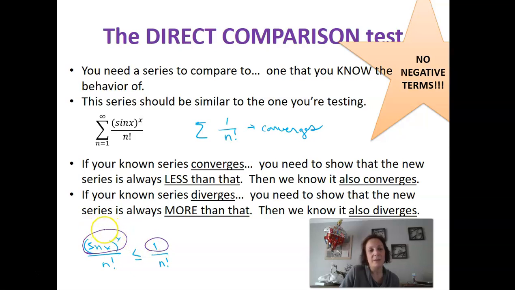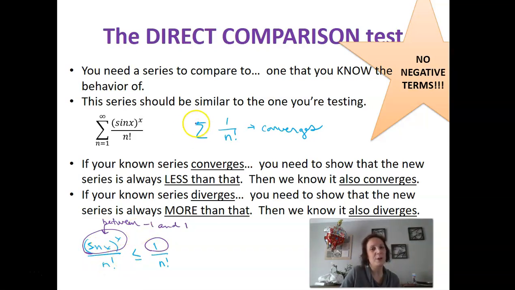And we know that sine is always going to be between -1 and 1. So the biggest this could be would be some power of 1. And we know that if it was 1, it would converge. And that's the biggest it could be. Probably it's going to be smaller, and some of your terms are going to be subtracted. So since we know this converges, we say this one converges by direct comparison.